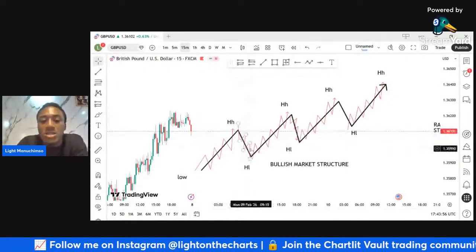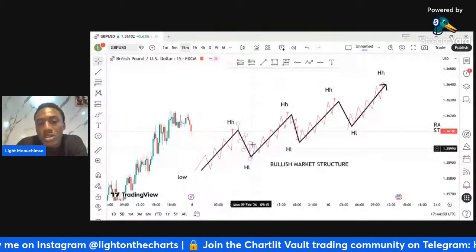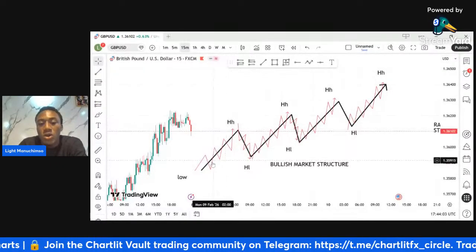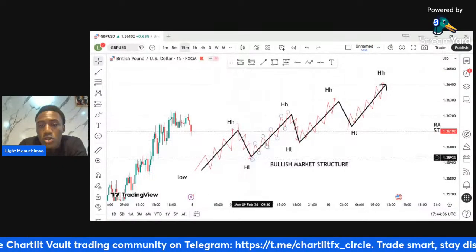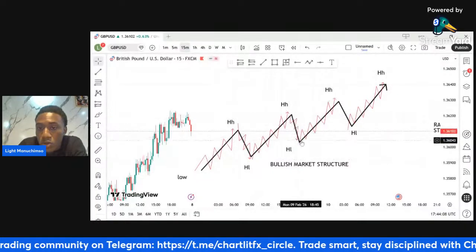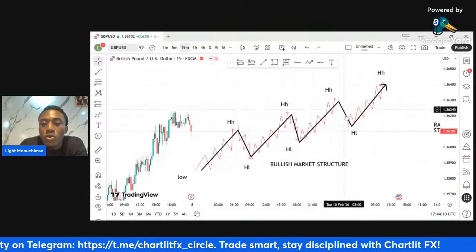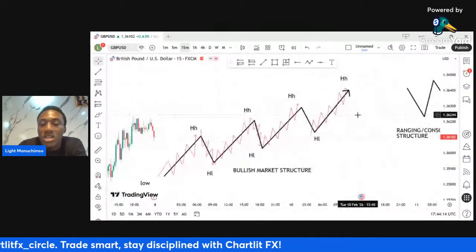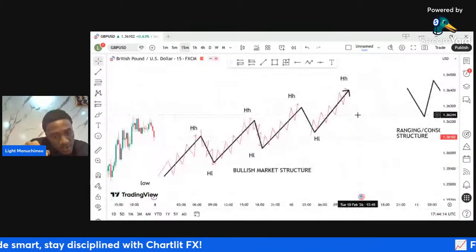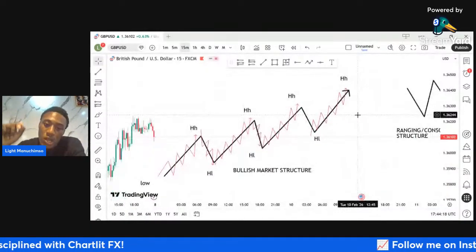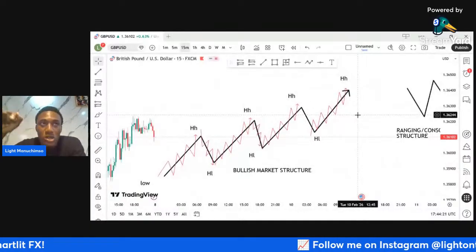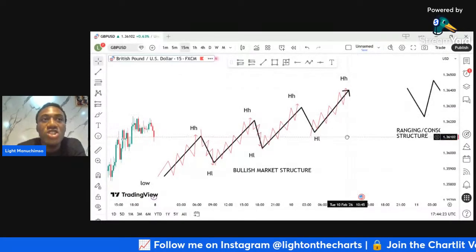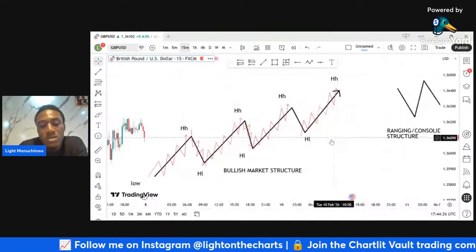So that is what market structure is all about. This first move is called an impulse, corrective, impulse, corrective, impulse, corrective, impulse. So that is how price keeps on trending: it goes up, gives an impulse move, a corrective move, gives an impulse, a corrective move, and so on and so forth until the market structure changes.